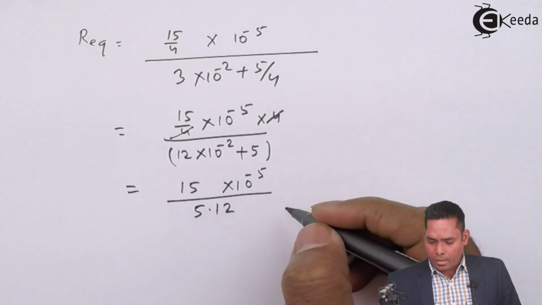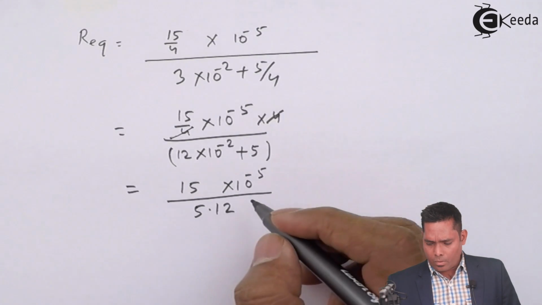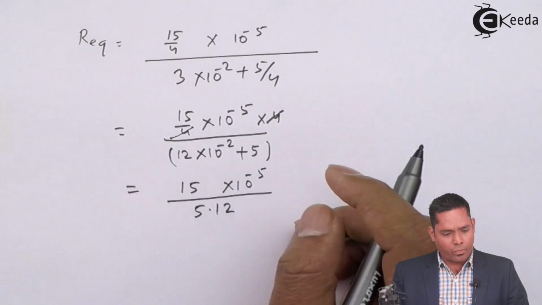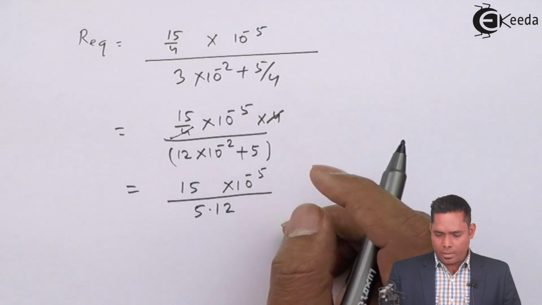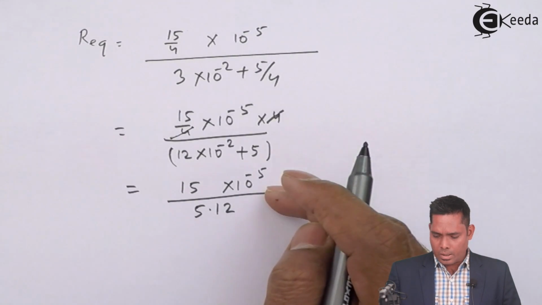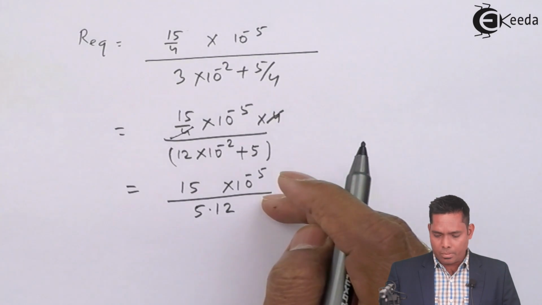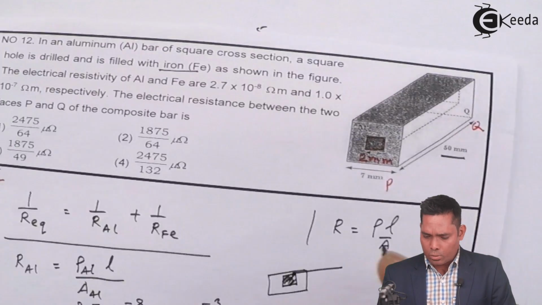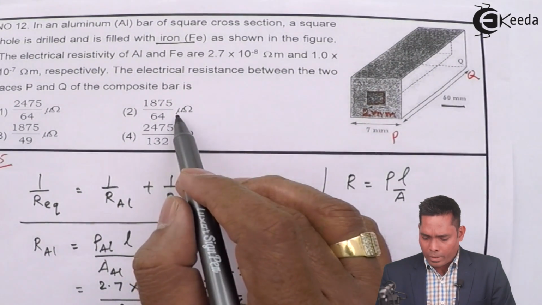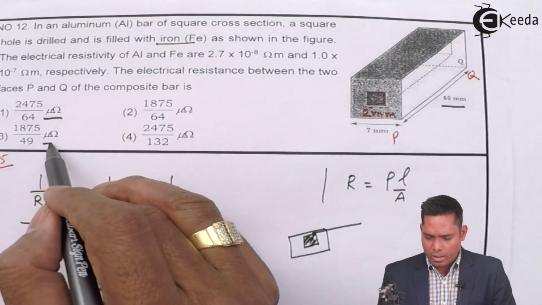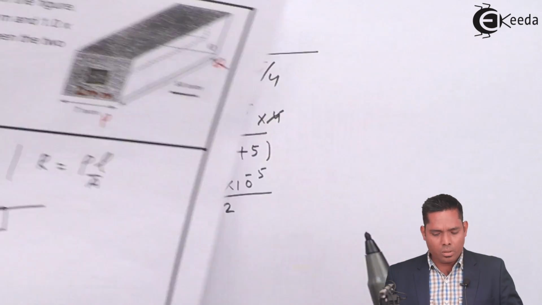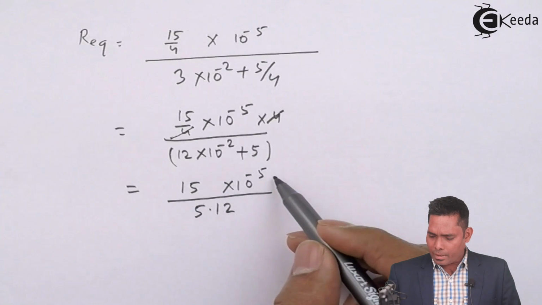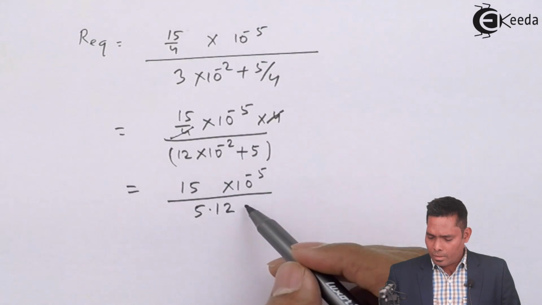We are asked to find the resistance of the composite bar, and the answer should be in micro ohms. This is in ohm we are getting, so multiply by 10 and divide by 10.